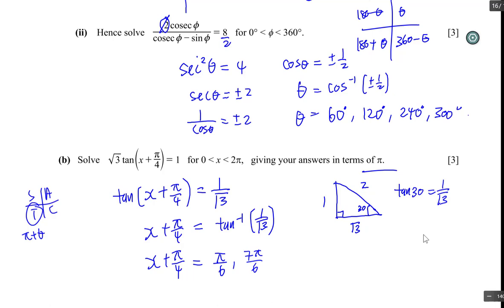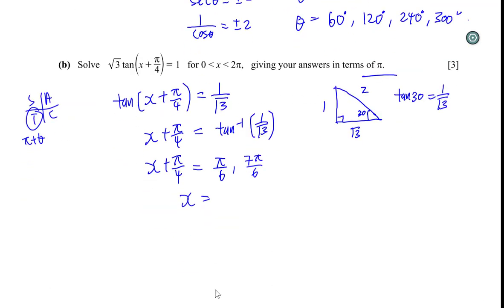So my x will be, yeah, minus them, which is pi over 6 minus pi over 4. So, okay, you will get negative, so this one is rejected. So I will only have one answer, I believe.